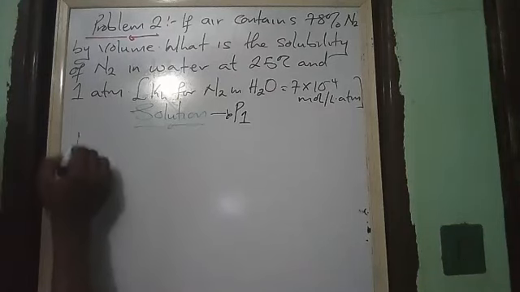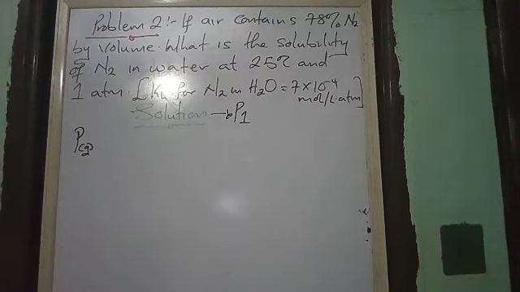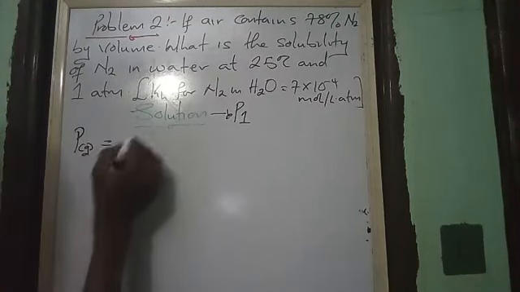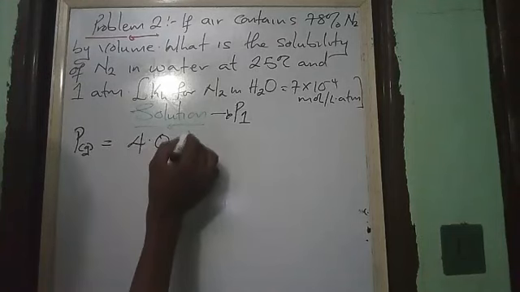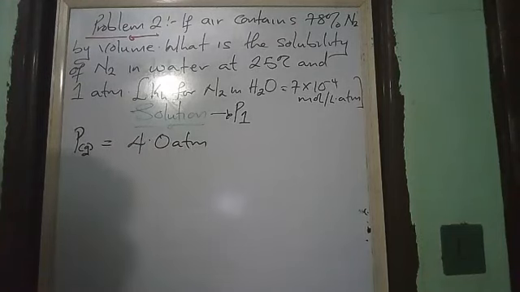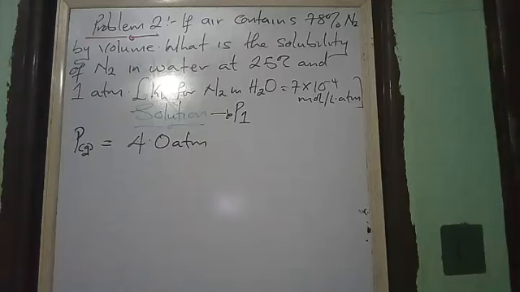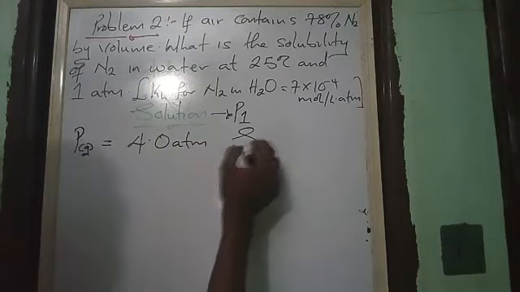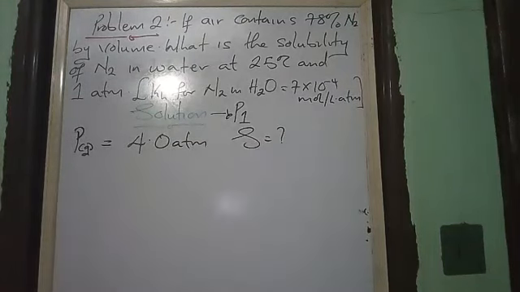So we have been told that our P of that gas, which is CO2, is 4.0 atm, given. Then at 25 degrees Celsius, what is the solubility of CO2? So I'm looking for the solubility of CO2.